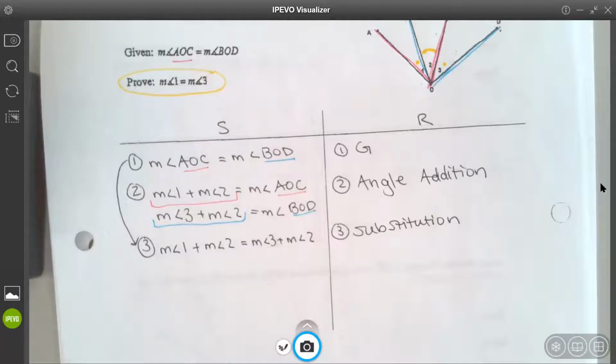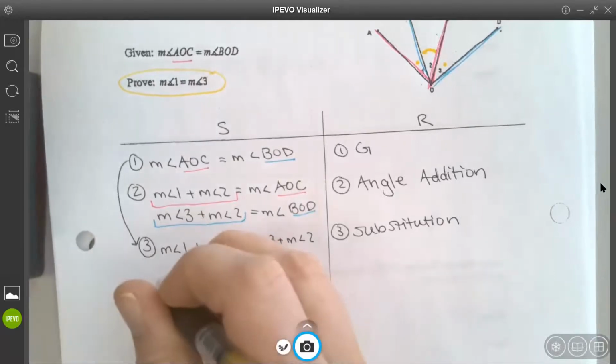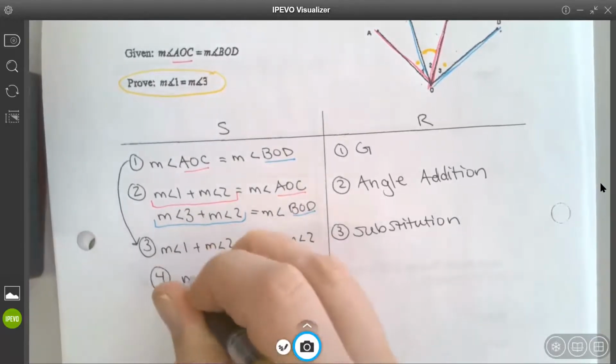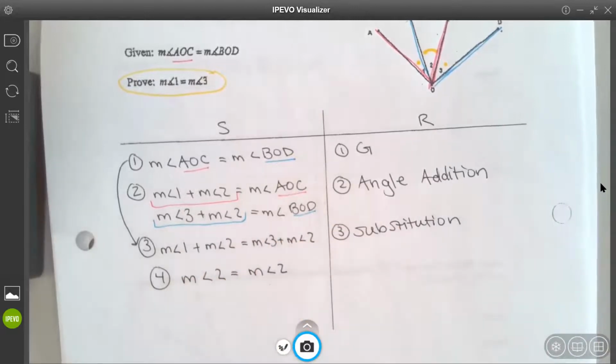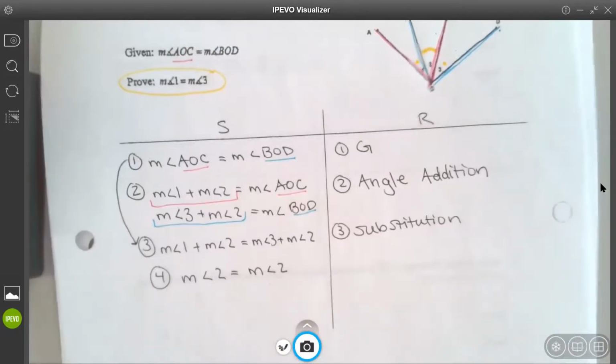But we need to state in our proof, this is how specific proofs are, that this angle 2 and this angle 2 are the same angle 2. We know it's the same angle 2, we see the diagram. But it could have been two separate angles with two different angle 2's written in there. So before we can subtract that, we need to say the measure of angle 2 is equal to the measure of angle 2.